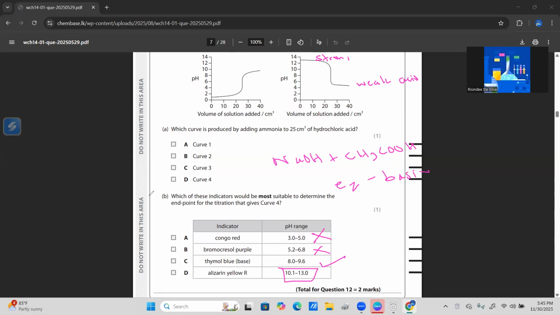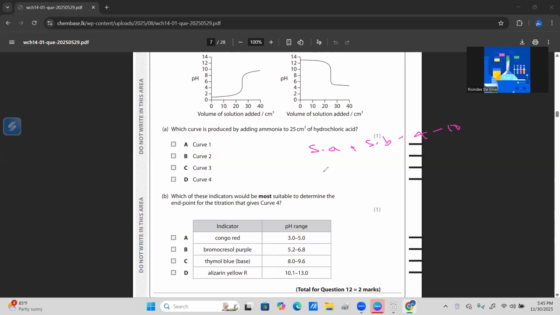We have 4 types of titration: strong acid and strong base. For that, you can use any indicator because it has a range from 4 to 10. If you have a strong acid and a weak base, it will be from 2 to 6. If it's a strong base and a weak acid, it will be from 8 to 10.